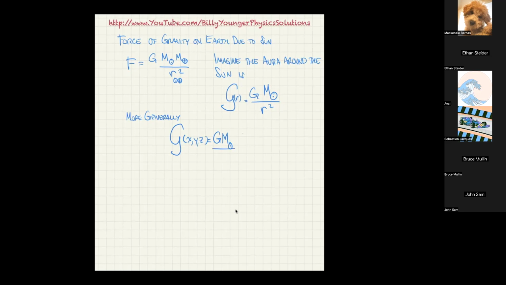We're going to say x squared plus y squared plus z squared times negative x i hat plus negative y j hat plus negative z k hat. And the negatives are just forcing it to point back towards where the sun is, and we're treating the sun as if it's at the origin of coordinates. So that would be the aura or the gravitational field.